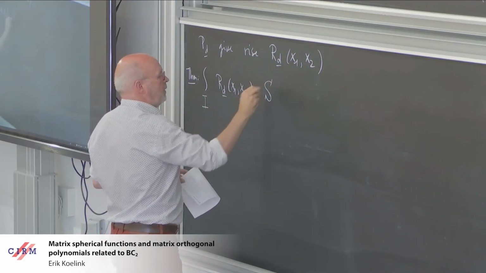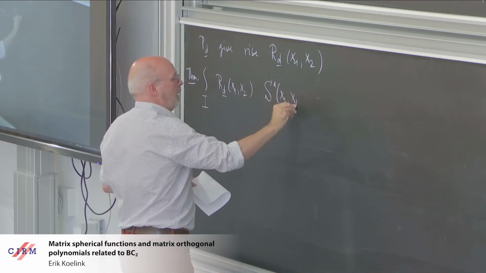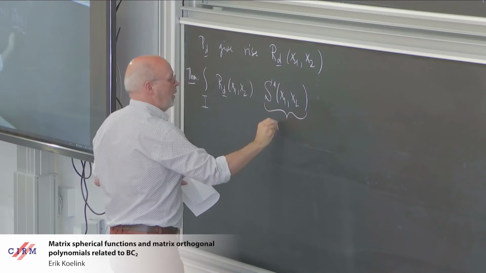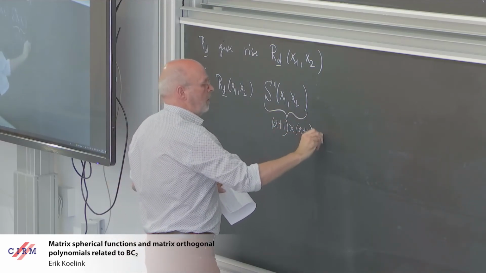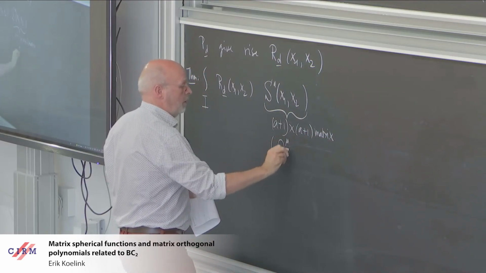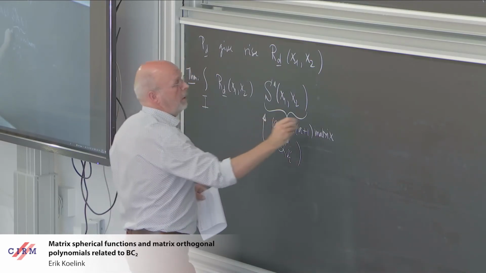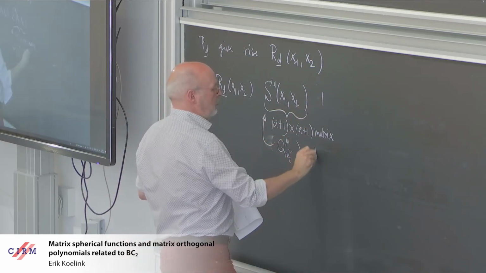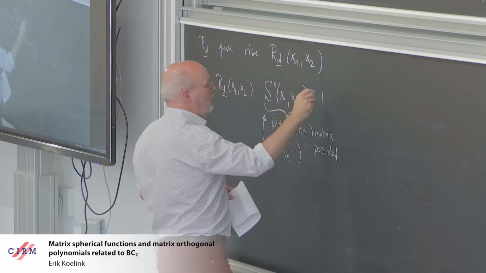Then there is a matrix, let me call it S_A of x1, x2. So this is an A plus 1 times A plus 1 matrix that is essentially built up out of the Q nu i's. So it comes from this one, and it is a positive definite matrix. And you can actually calculate its determinant, no problem.